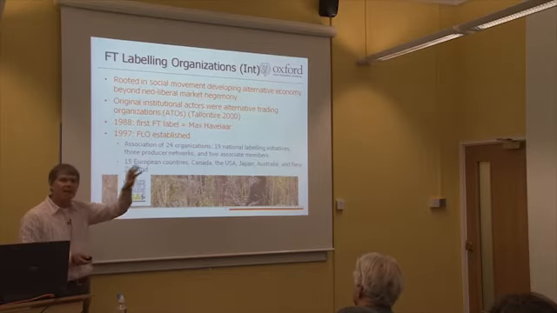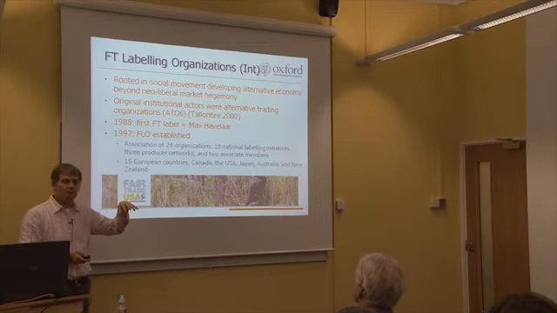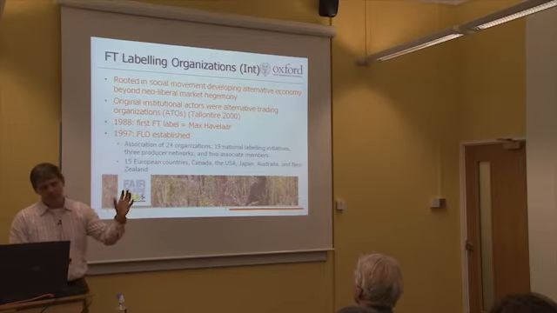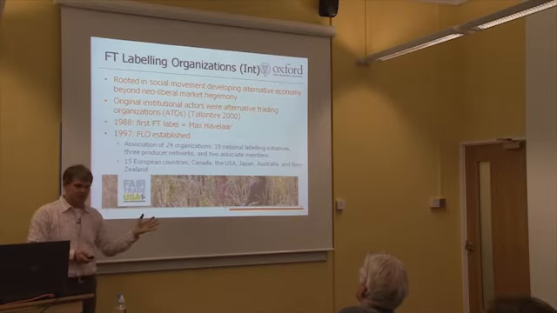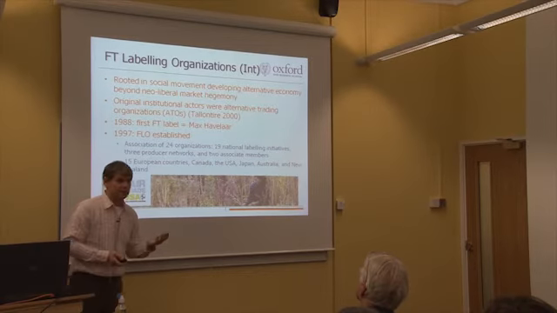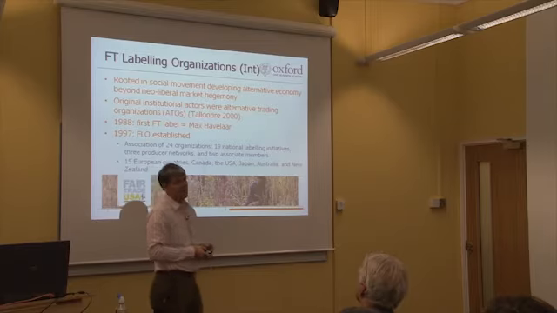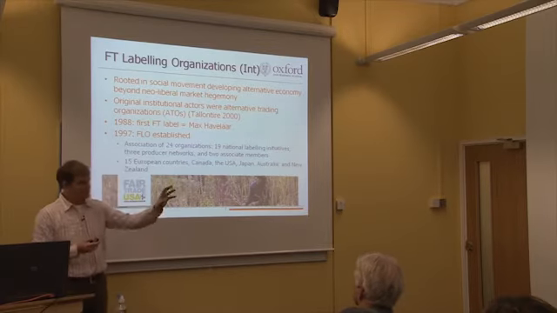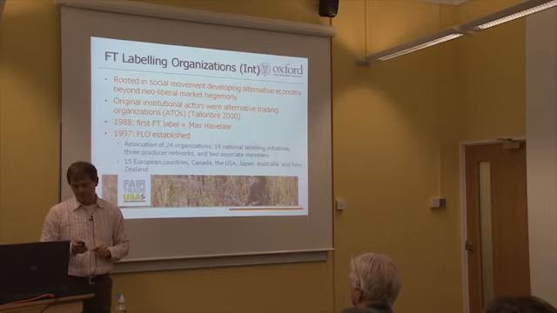A number of independent labels began to emerge around the world, and they were brought together in an umbrella organization in 1997 when FLO was established, which today pulls together 24 different organizations representing different initiatives and groups around the world under, broadly speaking, the label we know from coffee, tea, and so on in this country.